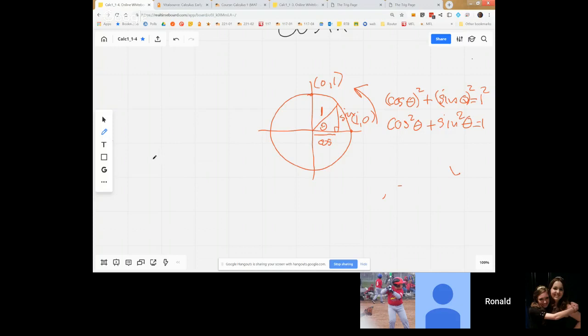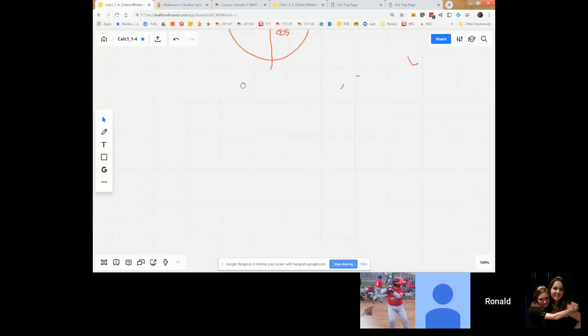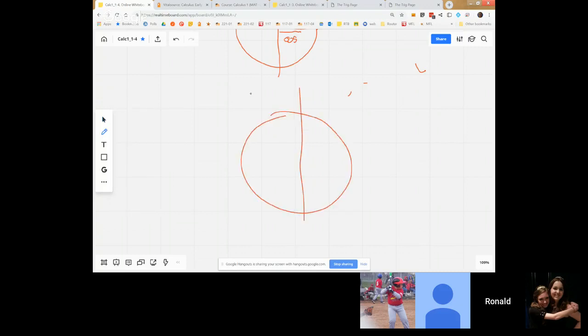Let me show you another one of those. Let's take the tangent. So this is the tangent. And this from here to here is 1.